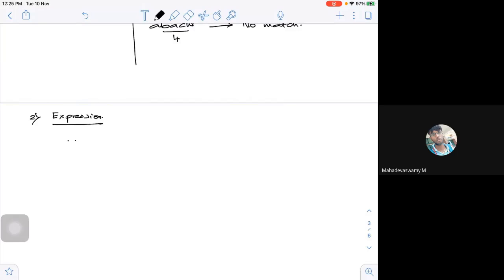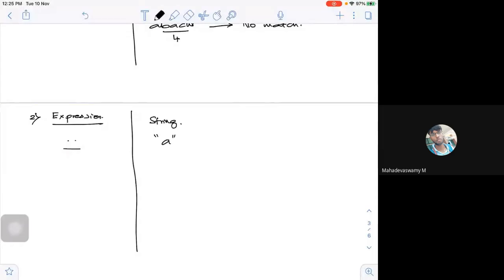What does it mean? Say, for example, I try to check for a string. Let this letter be a small letter A. I am checking for a 2-letter word.